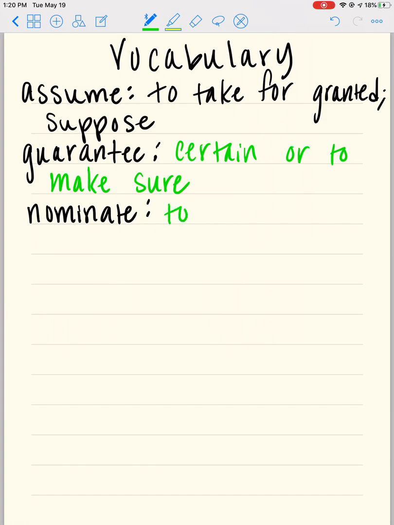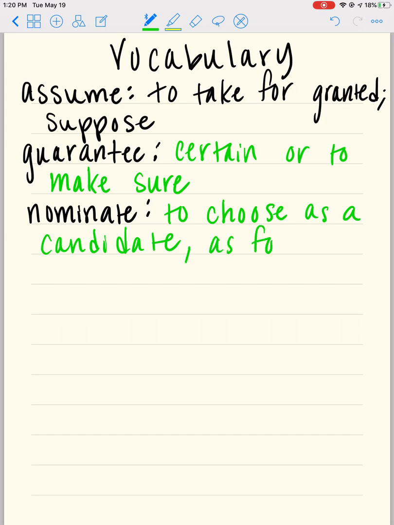So nominate: to choose as a candidate for an elected position.